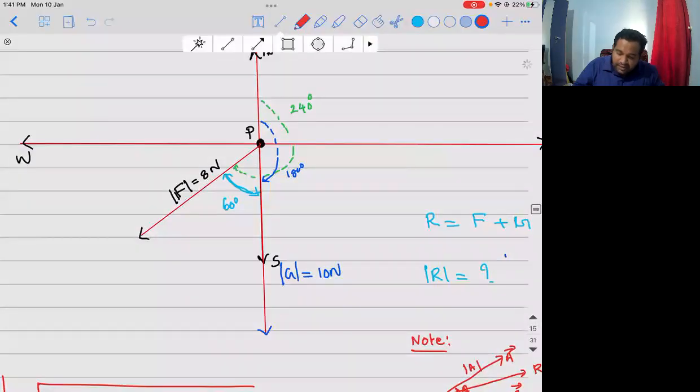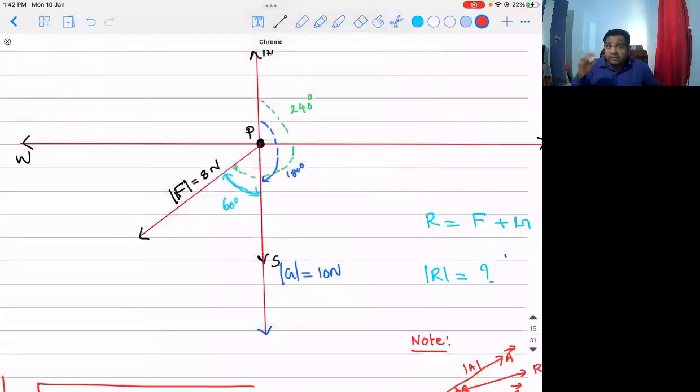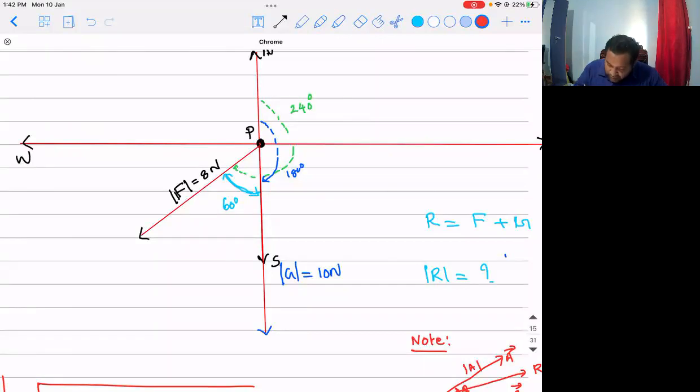For finding the direction of the resultant, we will use the concept of the parallelogram law of vector addition. So we will construct a parallelogram. Parallelogram means opposite sides are equal.